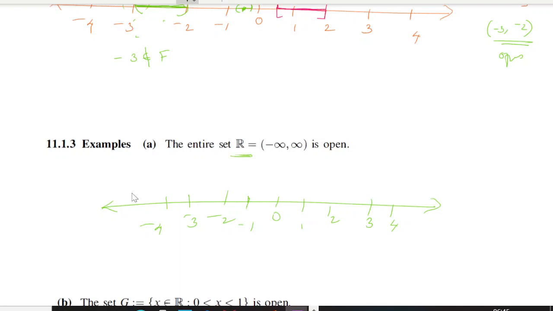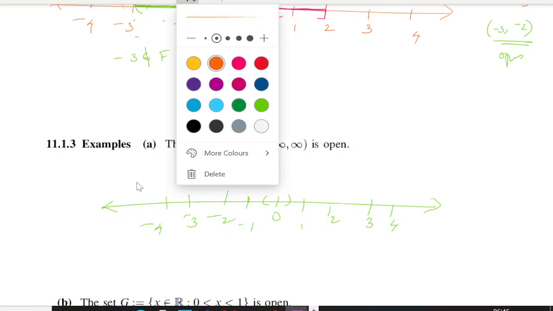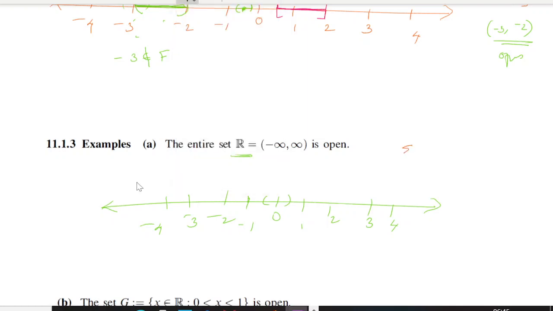Now what is our set? R. If you take any neighborhood, it is completely contained inside R. In particular you can go for epsilon equal to 1 by 2 or epsilon equal to 1. Even epsilon equal to 10 will work, right?